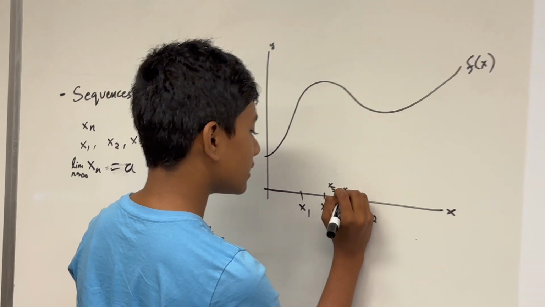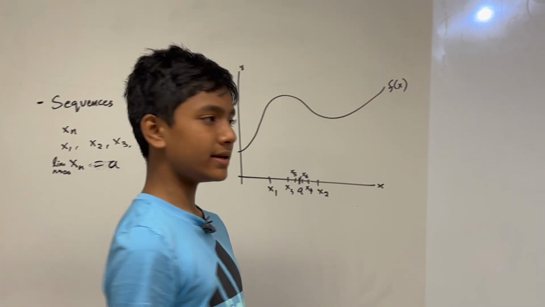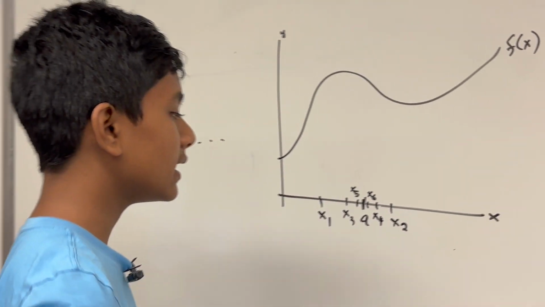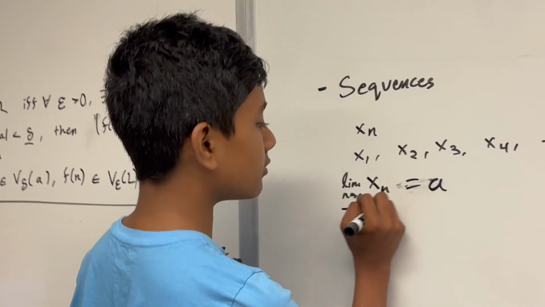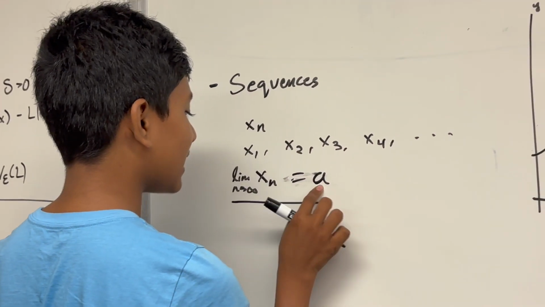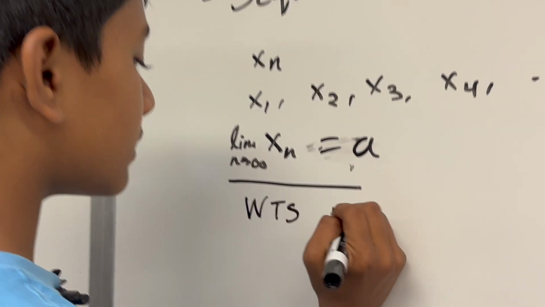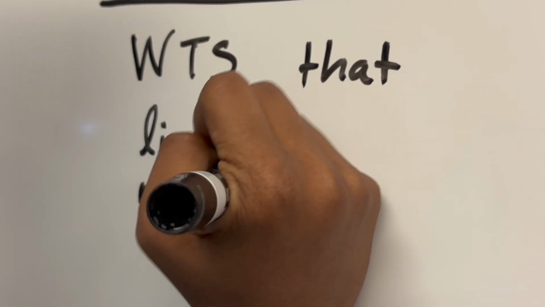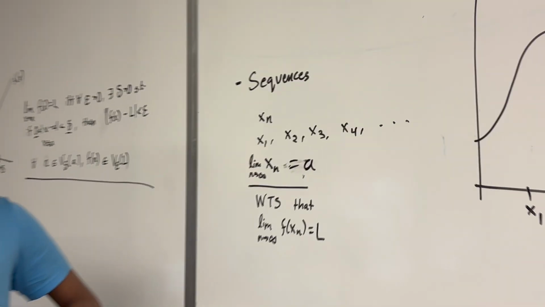It just has to be with elements taken from the domain of the function. x1, x2, x3, x4, x5, x6, so on and so forth. And so, this sequence will converge to some limit on the x-axis, and we want to show that the limit as n approaches infinity, f of xn is equivalent to L.